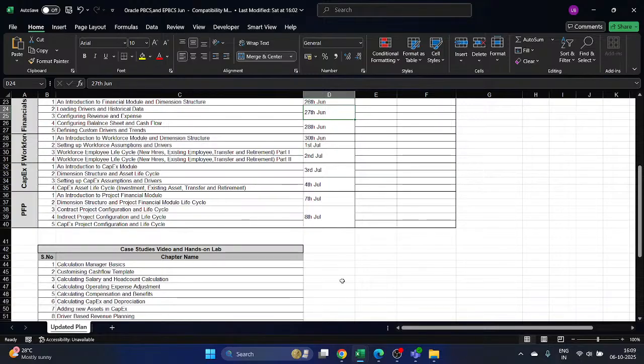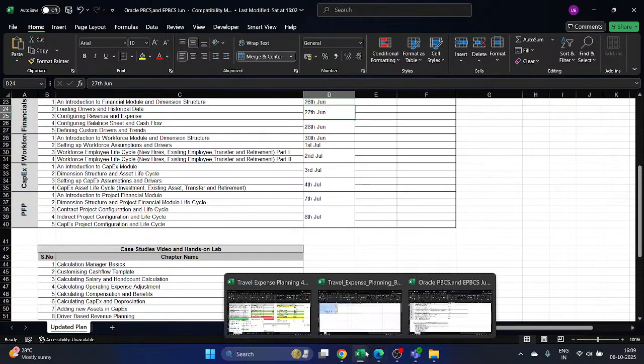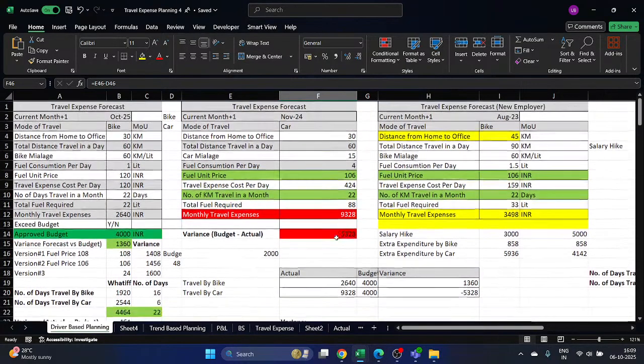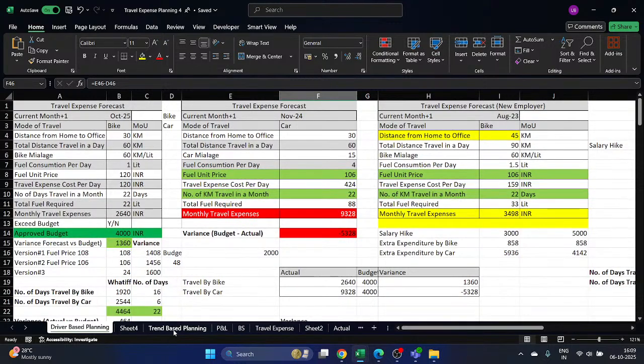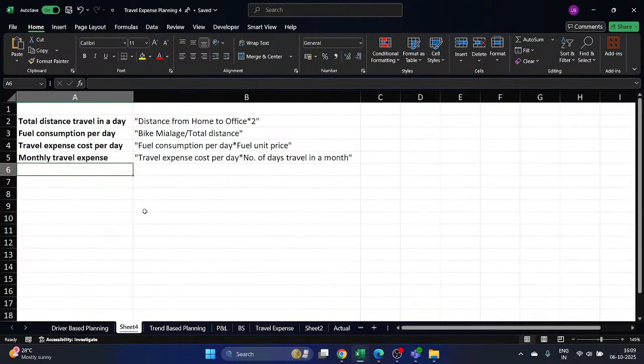Now we will talk about the calculation manager basics. In our Excel sheet, we have talked about driver based planning in our earlier classes, and we also identified the particular drivers under it, and on the basis of them how we can manage our calculation and how we can apply the business rules under it.